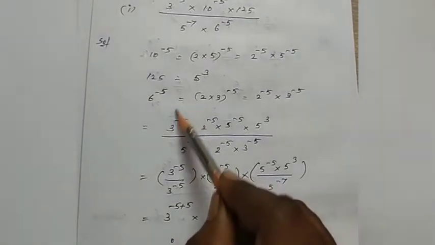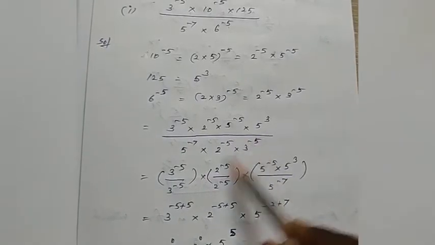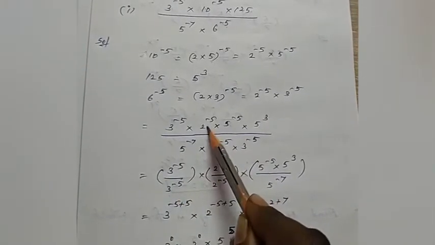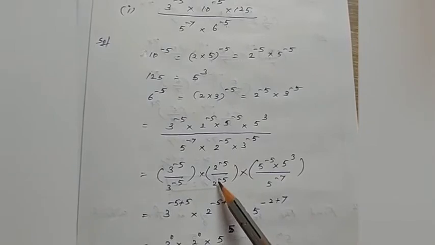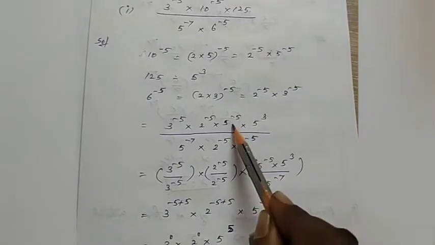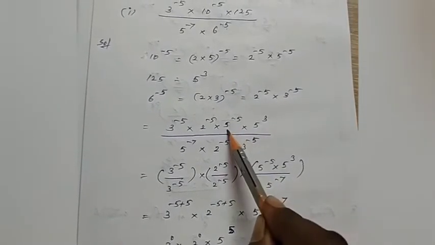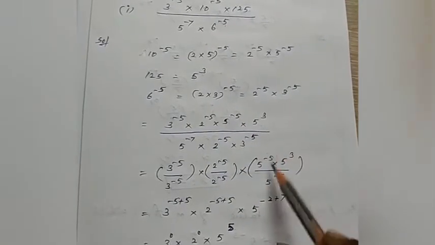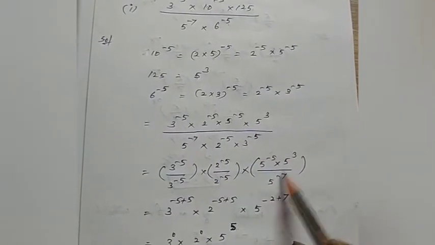So 3 power minus 5 divided by 3 power minus 5, and 2 power minus 5 divided by 2 power minus 5. Here the bases are same. So 5 power minus 5 into 5 power 3, then divided by 5 power minus 7.